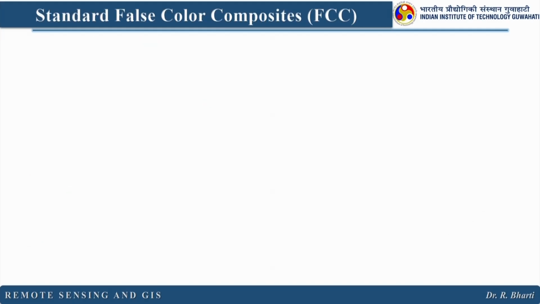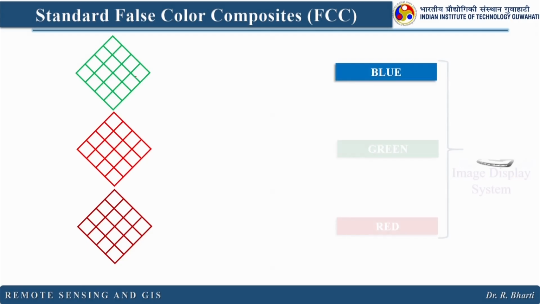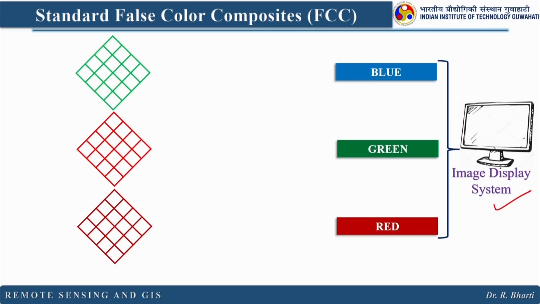In the standard false color composite, let us assume again that we have three bands: the green band, and so on, and you have different types of display systems. Here we have a monitor with a blue gun, red gun and green gun. These three color guns are in our monitor, and these are the images captured from the satellite.